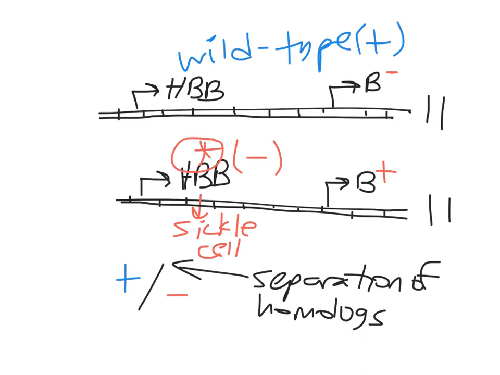In other words, everything that's on one side of a slash, the left side, say, is the genetic composition of one homolog, one of the chromosomes. So on the top chromosome, they've got the wild type version of HBB, it's plus. On the other homolog, there's a minus, so we put the minus on the other side of the slash. So there's a slash that separates every set of homologs. 2 homologs, 1 slash.